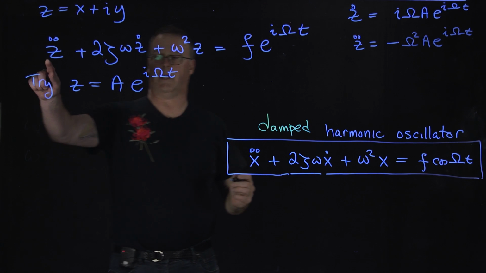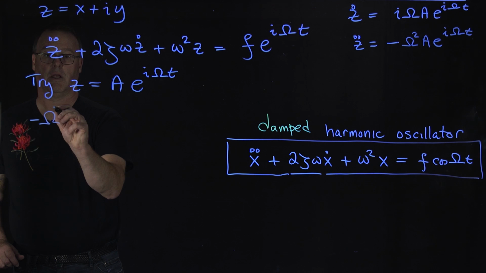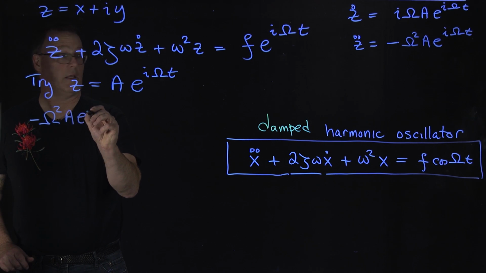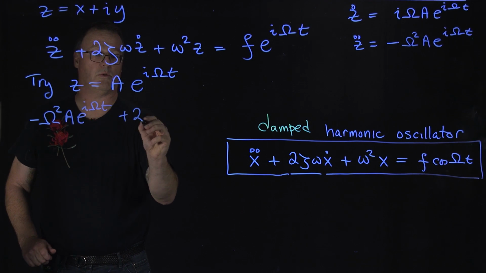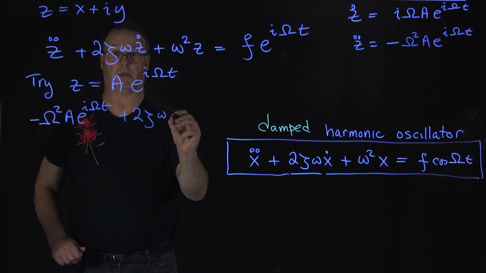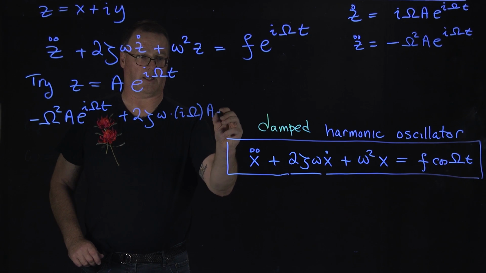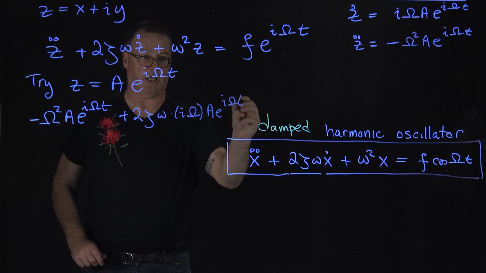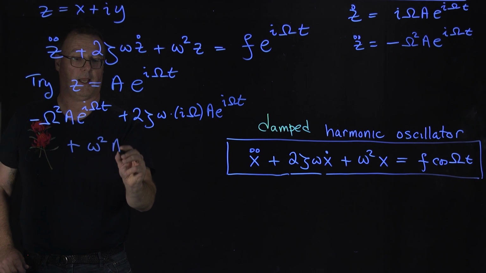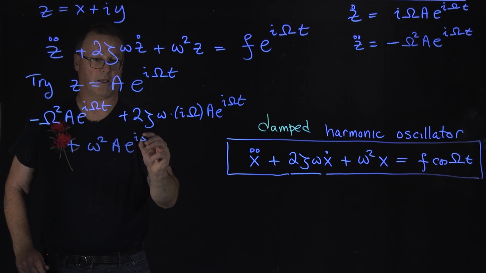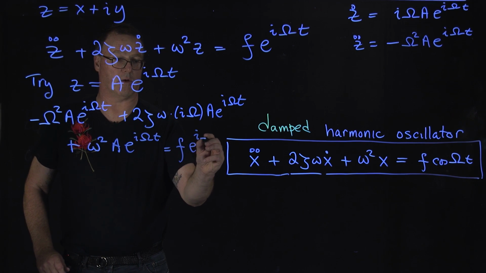And so we wind up with minus omega squared A e to the i omega t, plus 2 zeta little omega times i capital omega A e to the i omega t, plus little omega squared A e to the i omega t, and that has to equal f e to the i omega t.